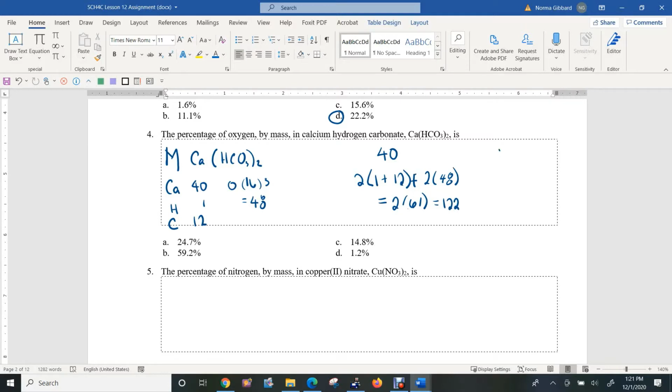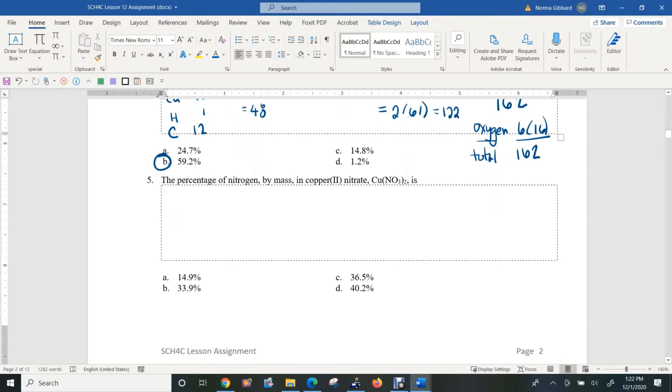So we have 122 plus 40, which is 162. So now we are going to take our oxygen, which is 6 times 16 divided by the total, which is 162, and our answer is B, 59.2.